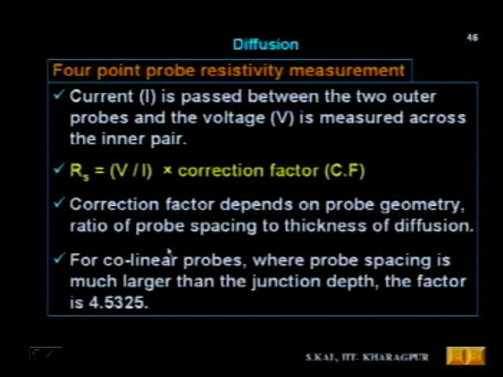It has been found that if the probe spacing is small compared to the dimension of the wafer, the wafer diameter is large compared to the probe spacing, there is a parameter which is known as S by D. S is the probe spacing and D is the wafer diameter.